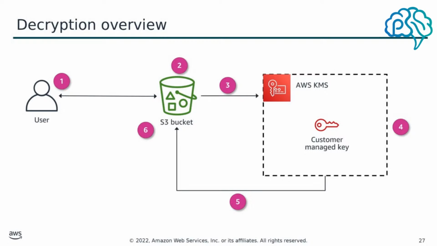AWS KMS then would decrypt that data by using the customer managed key, which would never leave the AWS KMS service. Amazon KMS then sends a plaintext data key back to S3, and then Amazon S3 decrypts the ciphertext of the data object, which then lets you use that object, and then it would delete that plaintext copy of the data key.